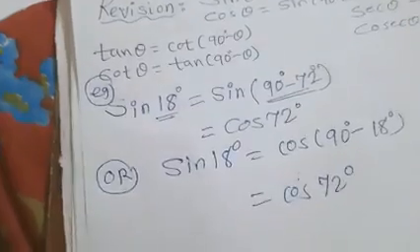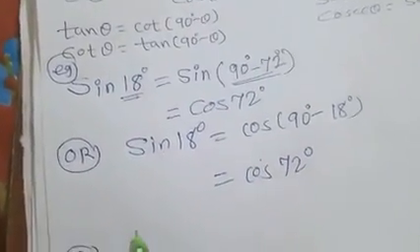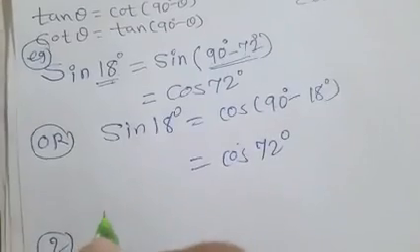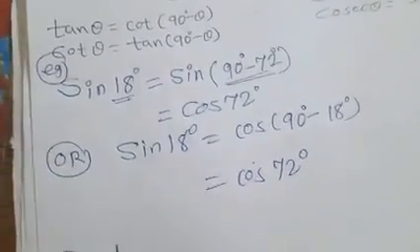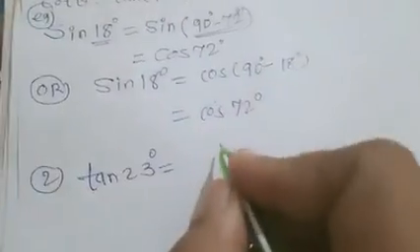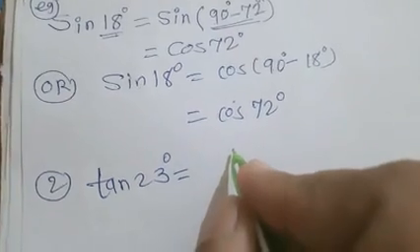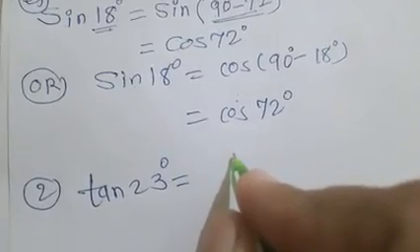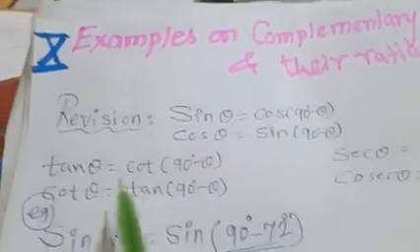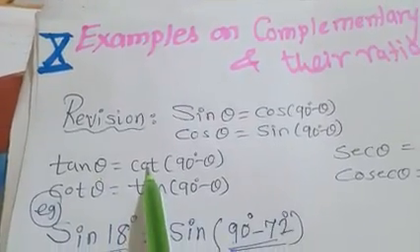See one more example. Suppose you are given tan 23. Then what can you do for tan 23? Tan can be changed, see the formula. Tan theta is equal to cot 90 minus theta.